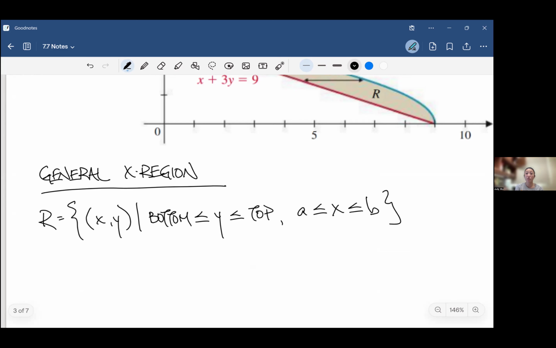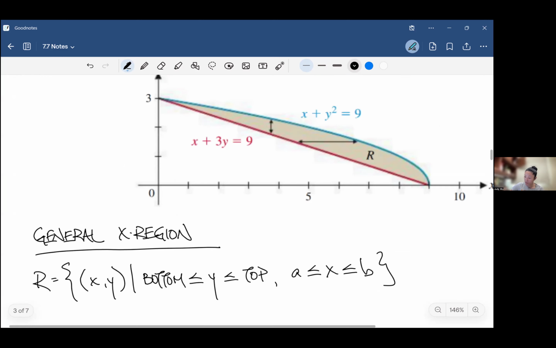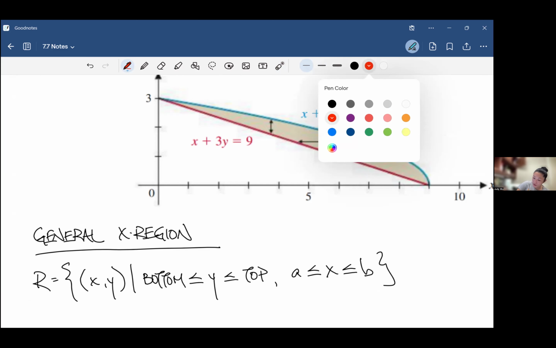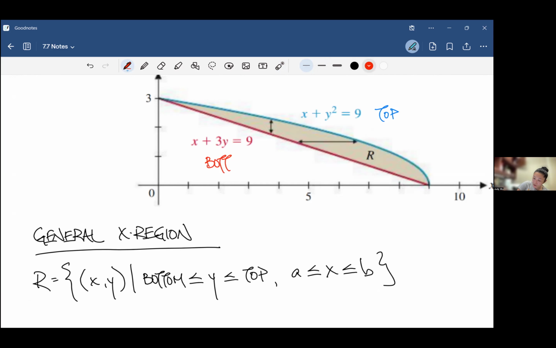Okay, so those are the pieces of information we need to fill out. Okay, so let's start with the top and the bottom function. In our picture, I think we can really clearly see that this blue function is the top function and that our red function is our bottom function, okay?